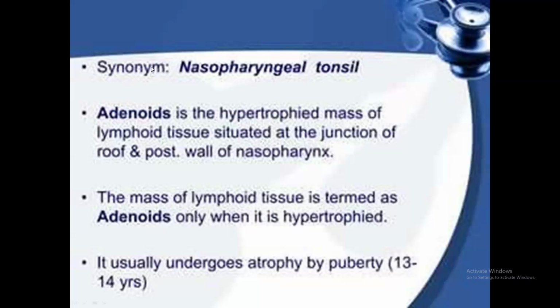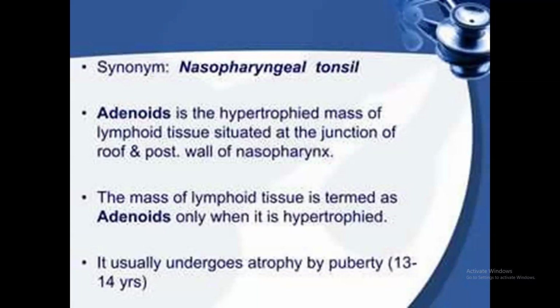Adenoids are also called nasopharyngeal tonsils. These adenoids are a hypertrophied mass of lymphoid tissue situated at the junction of the roof and posterior wall of the nasopharynx.